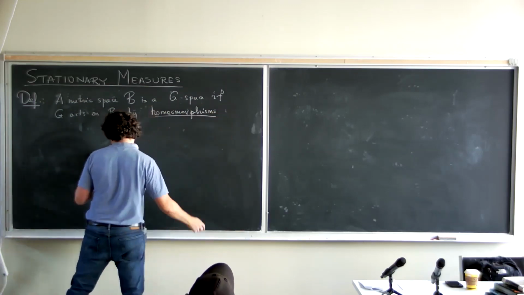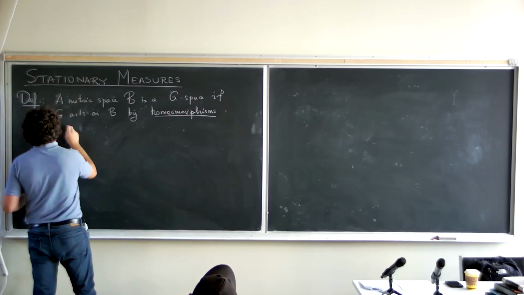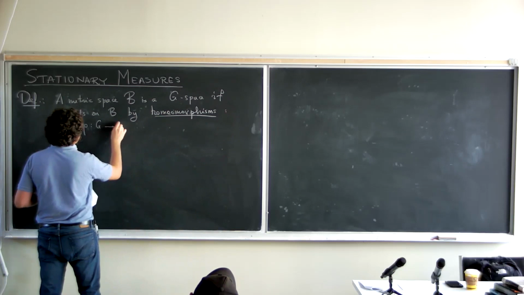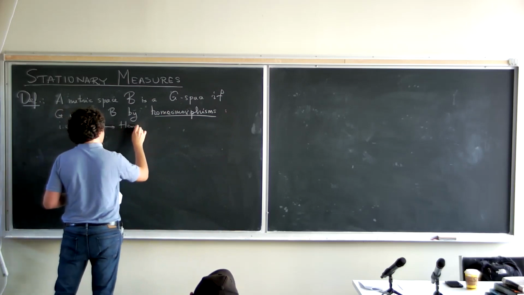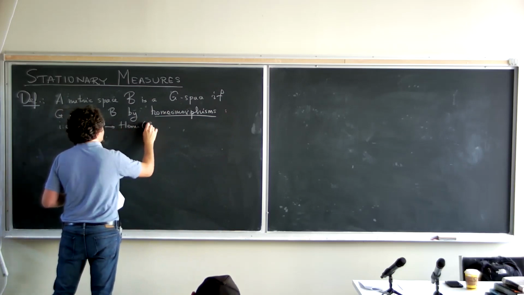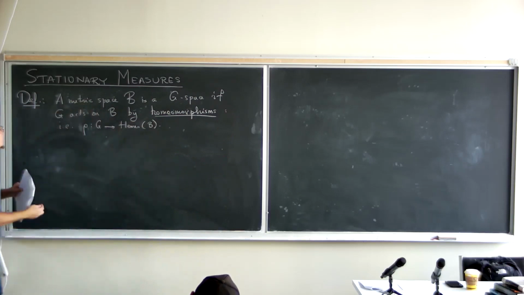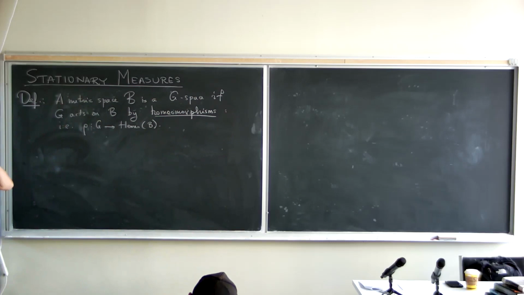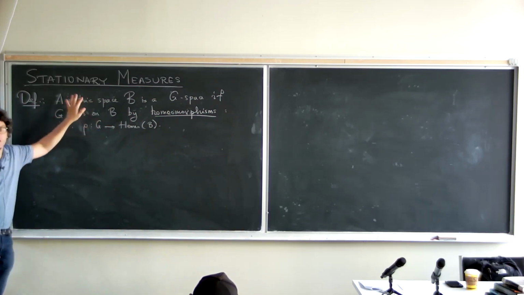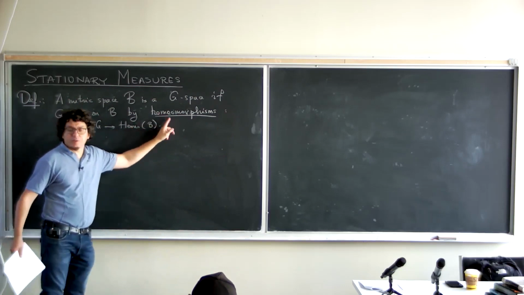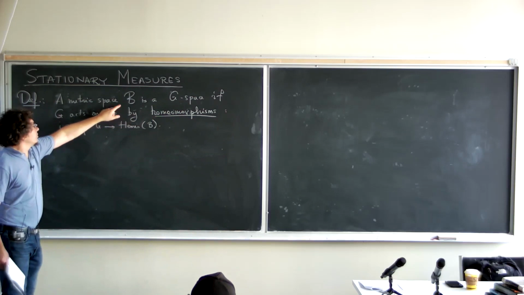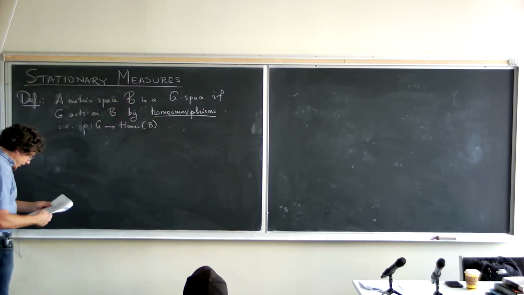So of course there is a homomorphism from G to the homeomorphisms of B. And remember, we take the space to be metric for simplicity, to make it not topologically too exotic, but the action here is by homeomorphisms, not by assumption. So B stands for boundary.